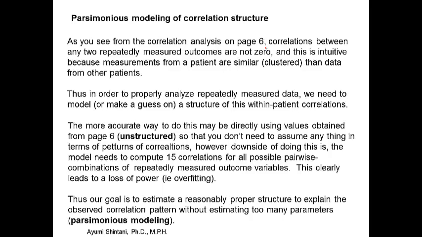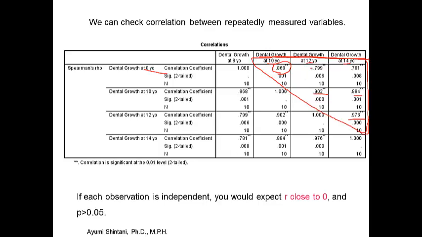So our goal, again, is to find a parsimonious structure among these correlations. Because in order to compute the effect of age in this example, or the effect of CRP, we have to model the correlation between repeated measures. So the best model we could probably use is to simply compute the Pearson correlation between each pair and then use these numbers. But although we are actually measuring six numbers, the more numbers we estimate, the more power we lose.